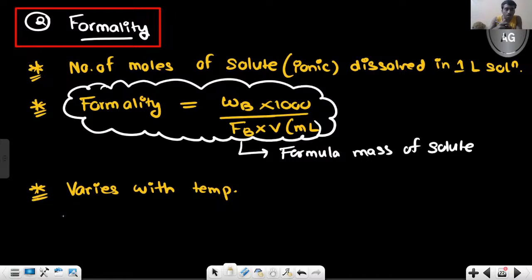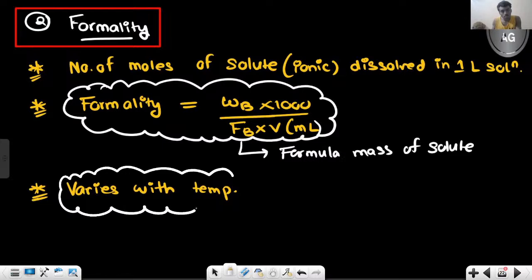The formula is the same as molarity, only in place of molar mass we write formula mass. This also varies with temperature, because it again depends on volume. All volume dependent concentration terms vary with temperature.